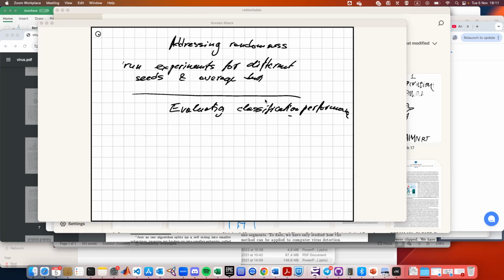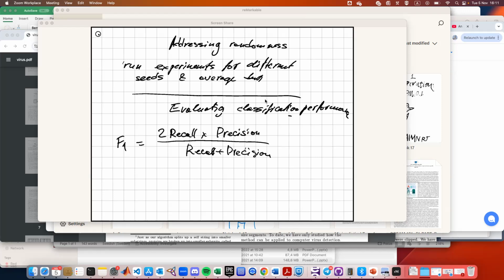Yes. F1 score is 2 times recall multiplied by precision, divided by recall plus precision. So what is recall?